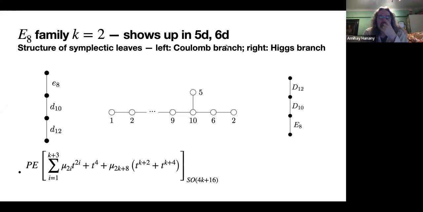In 5 dimensions, it's another Sp theory with one less flavor, and again taking the UV fixed point. In those cases, I get this quiver as the magnetic quiver for the Higgs branch of the theory. Any questions?